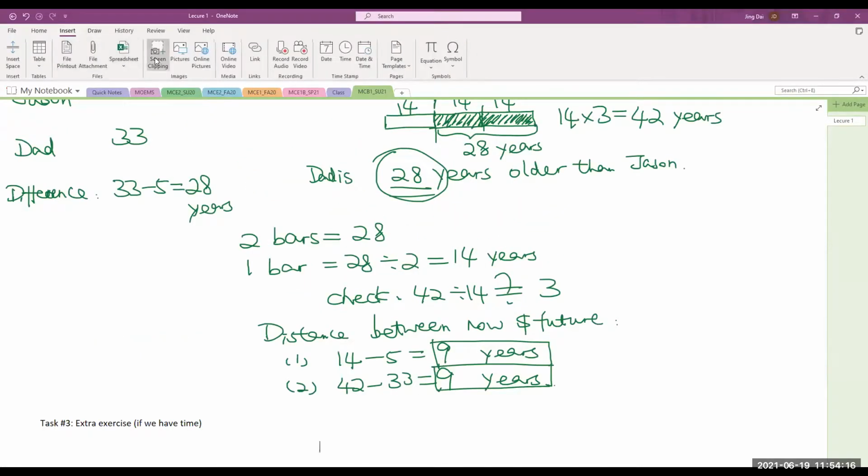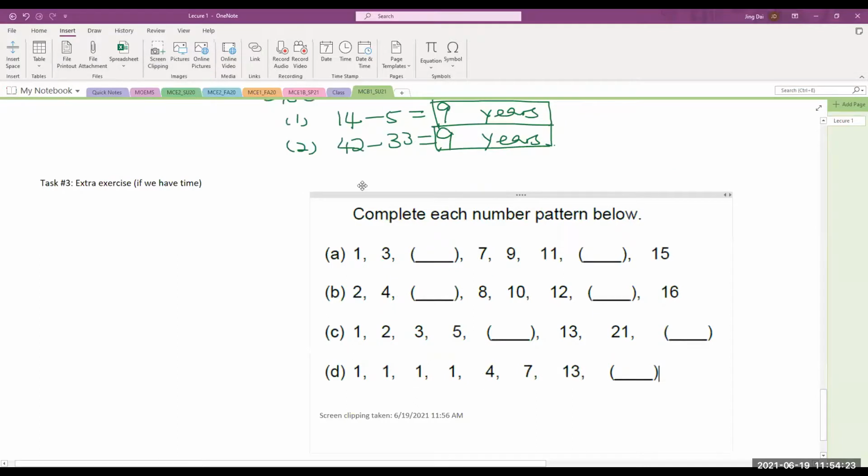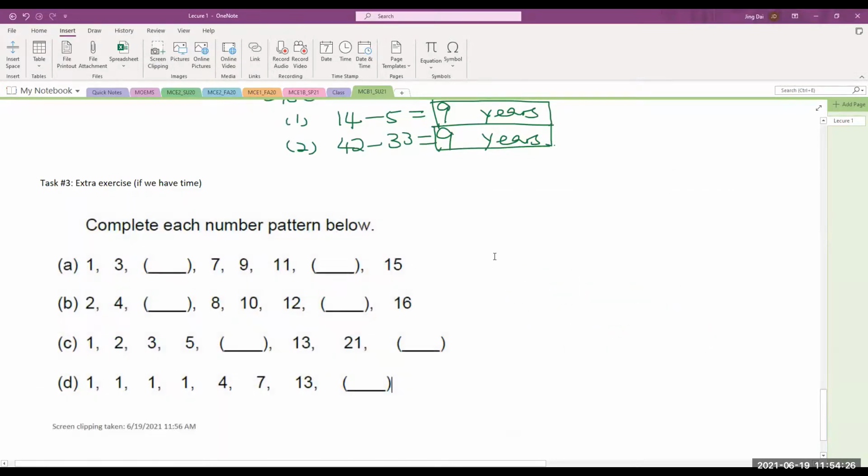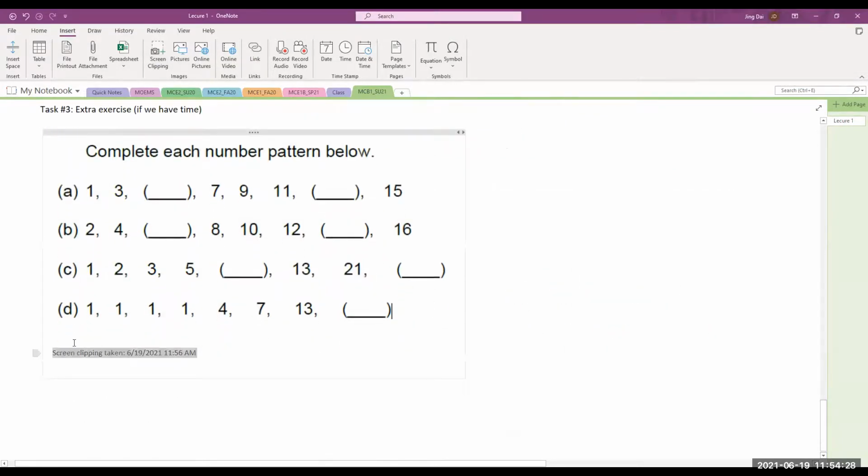So what I am going to do is I'm going to give you this problem. And these problems are called number patterns, okay? I think we did that in the 1B, I think. In the 1B, yeah, it could be similar because the first one is even and the second one is odd numbers. Those 2 are easy, but the third and the fourth are going to be difficult. I don't even understand the fourth one. Yeah, so let's take a couple of minutes.